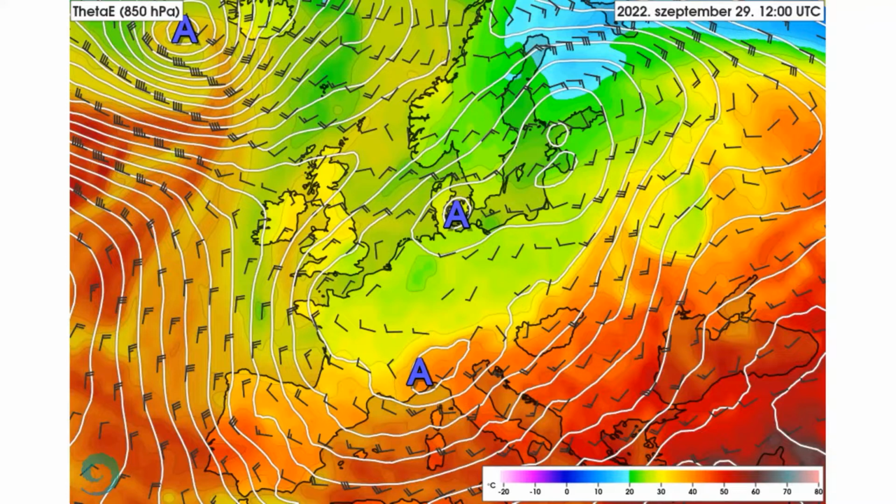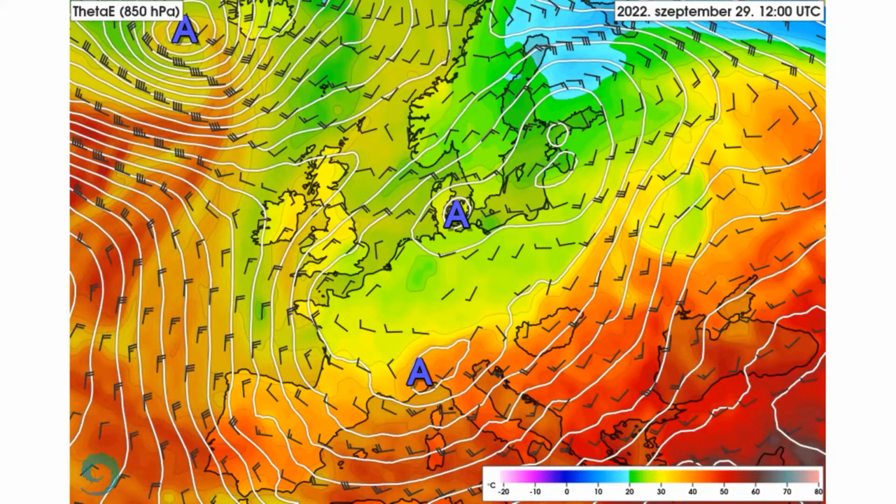And you can see a long waving frontal zone, and this frontal zone belongs to this low pressure system. And in this frontal zone, there was classical cyclogenesis over North Italy, on the south side of the Alps.